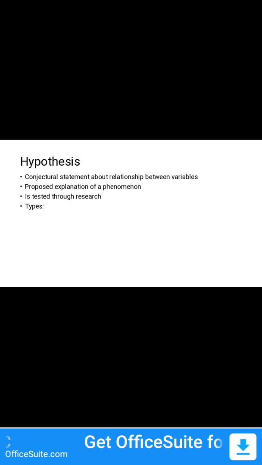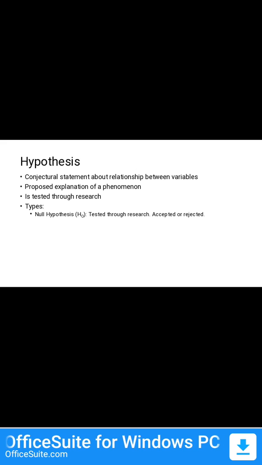Now let us look at the different types of hypotheses which are there. There are two main types of hypotheses. The first one is called the null hypothesis, which is denoted by h naught. It's basically H zero, but then we use the term h naught. Now h naught is the null hypothesis, and it is the hypothesis which is tested through research. Now this is very important. This is the hypothesis that is actually tested through research.